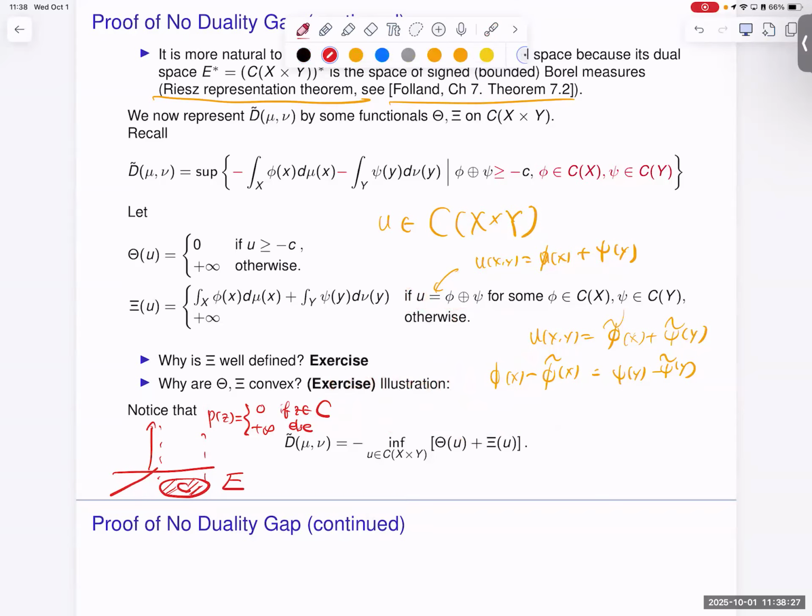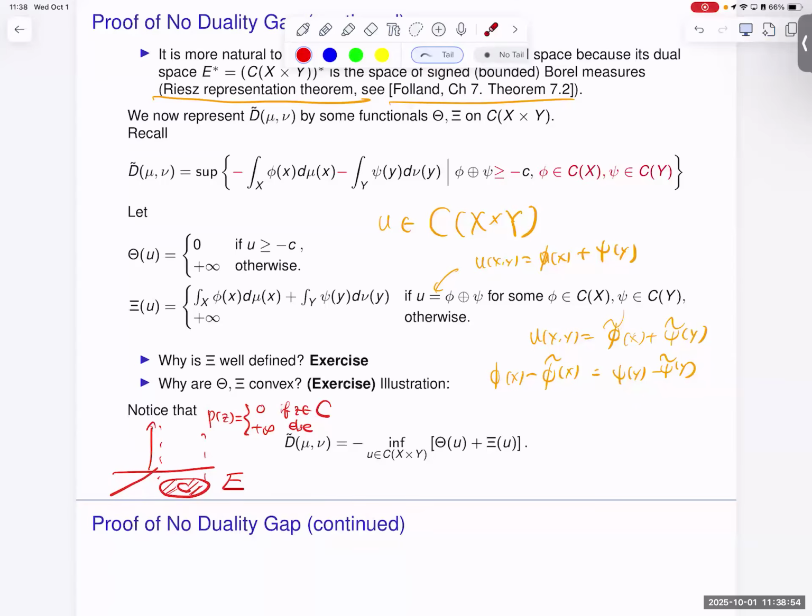Because these are linear expressions, such conditions survive in convex combinations. So that's why the set of functions satisfying this condition is convex. And then these are hard penalties over the convex sets, so they are convex functions.